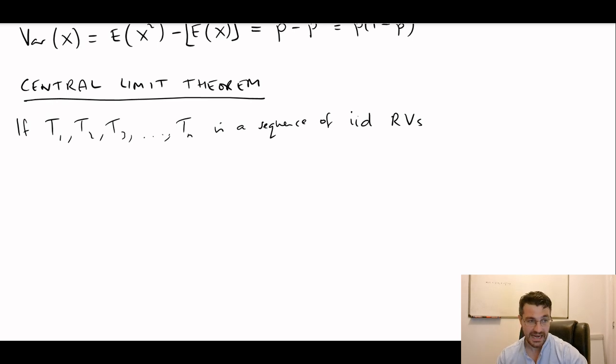They can be any type of random variable. The central limit theorem, even in its less general forms, is still very general.